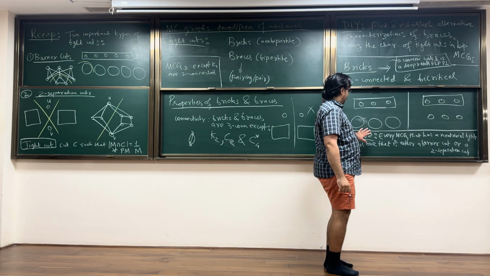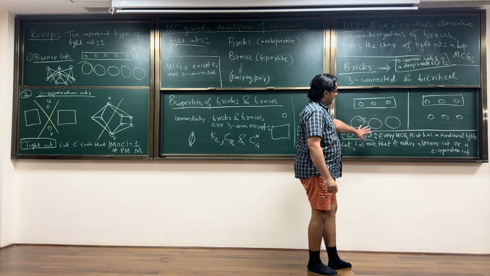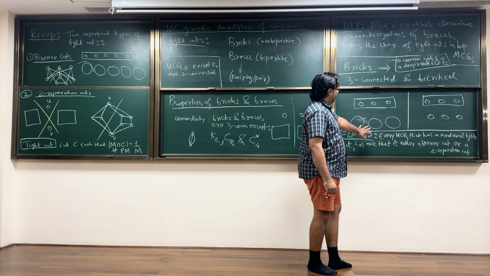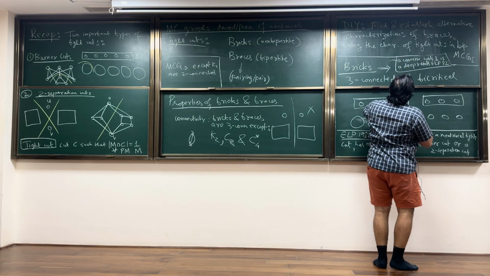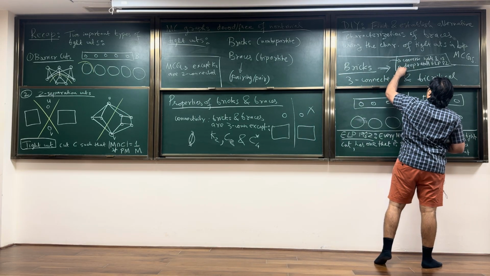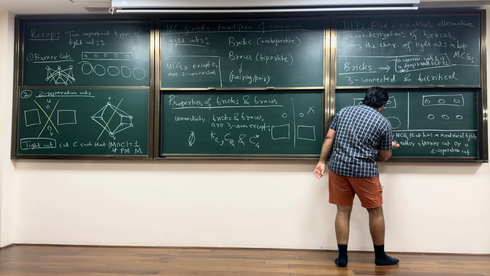Okay, and this is the one we will see a proof of, and the fact that this is equivalent to the earlier statement is a DIY. So star and, I don't know, star star.